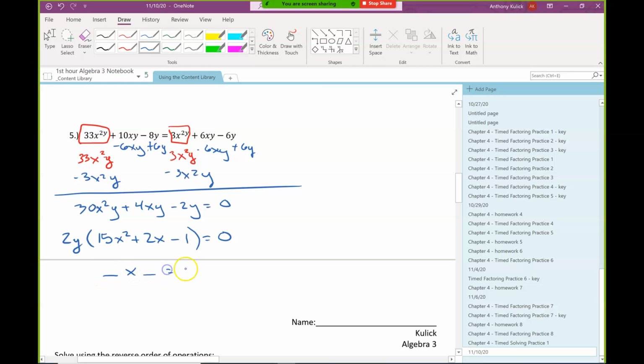To do that, I need to find the two numbers that multiply to give me 15 times negative 1, or negative 15, and then add to give me 2. Well, those two numbers are 5 and negative 3. Hopefully it wouldn't have taken too long to come up with that. So what I'll do is I'm going to replace the 2x with a plus 5x plus negative 3x.